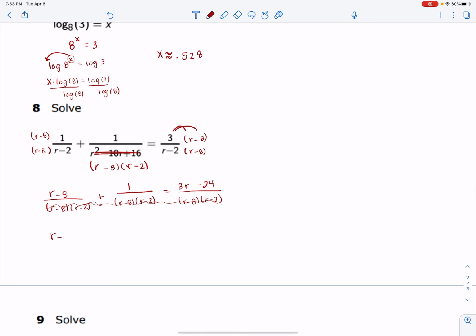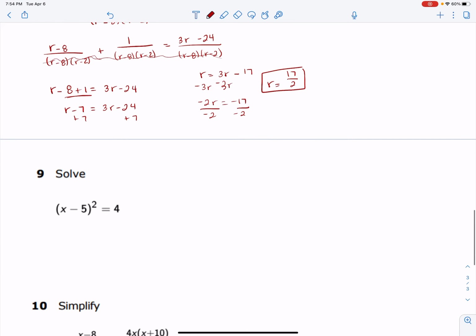So r - 8 + 1 = 3r - 24. Negative 8 plus 1, so r - 7 = 3r - 24. Add 7, so r = 3r - 17. Now we're going to minus 3r, -2r = -17, divide by -2, so r = 17/2.